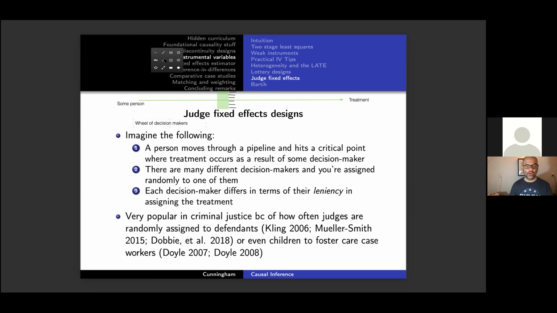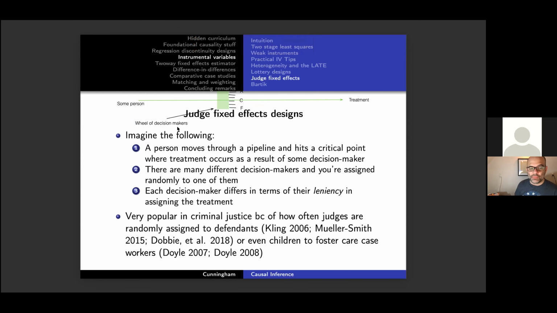Okay, so you've got this wheel of decision makers, and this is like person A. This is like person F. This is like person C. Okay, so it's like A, B, C, D, E, F, G. It's like all these different decision makers.